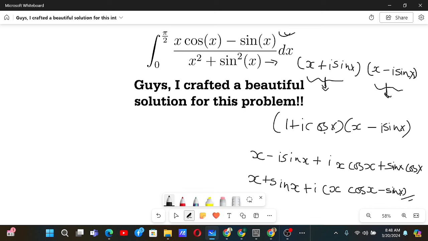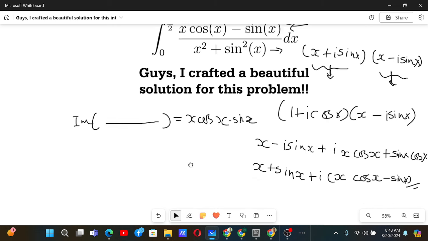The beautiful thing is that the imaginary part of this product is actually the expression x cos x minus sin x, and maybe that can be helpful. So after finding this expression, if I write this expression over here as the imaginary part of this product, that can be helpful. I thought like that and I tried proceeding.